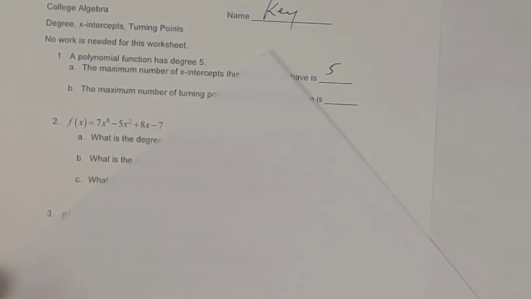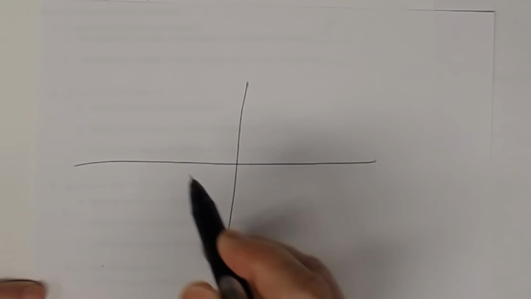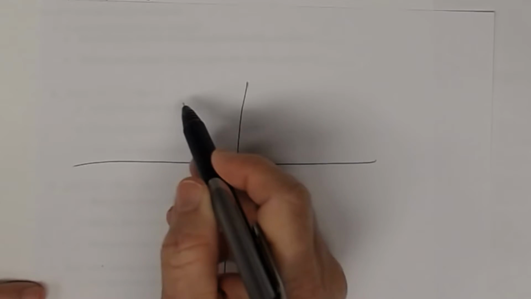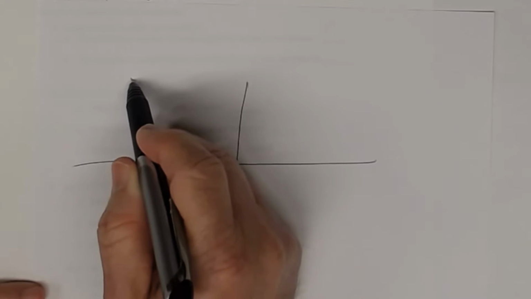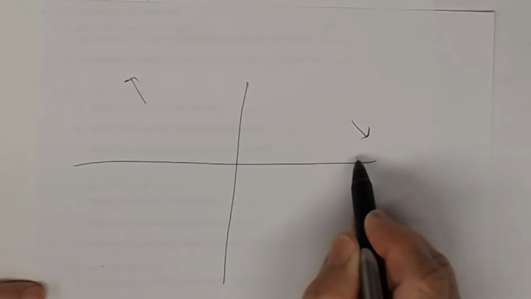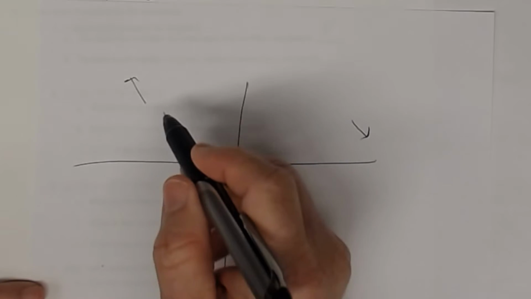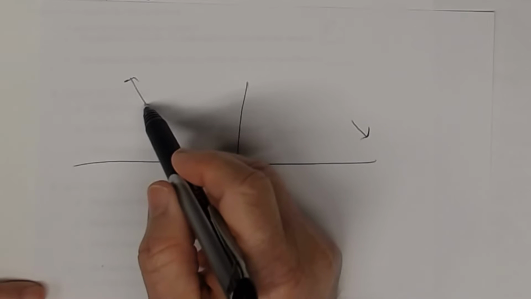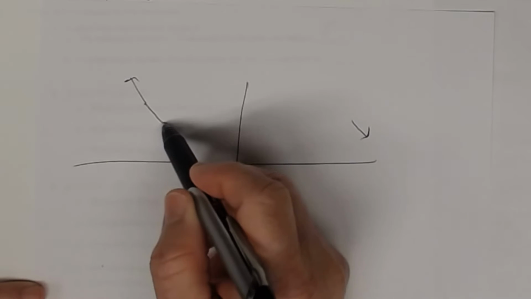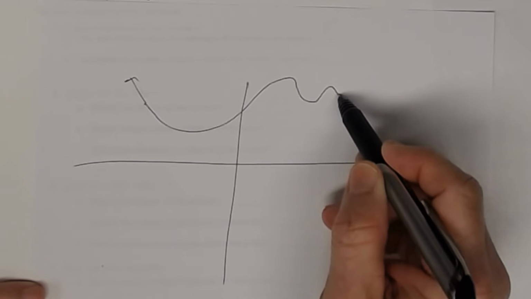So watch. The degree is odd. Remember, you learned in a previous lesson, if the degree is odd, the end behavior, one end will go to the right and the other will go to the left, right? So at some point, notice it'll do something like this, correct?